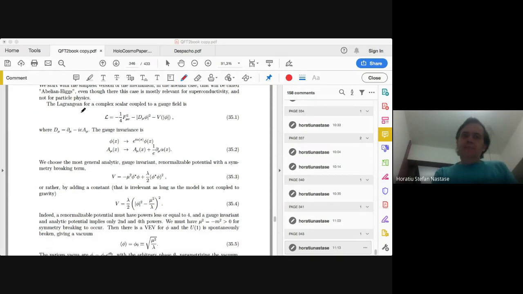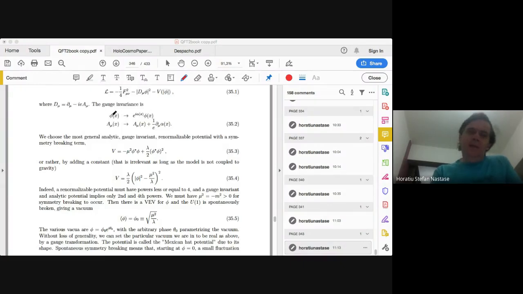The Lagrangian for this system is then the kinetic term for the gauge field, -1/4 F_{μν}^2. The kinetic term for the scalar, complex scalar, minus modulus squared of D_μ φ, where D_μ is ∂_μ minus i e A_μ, minus the potential that depends on the modulus of φ.